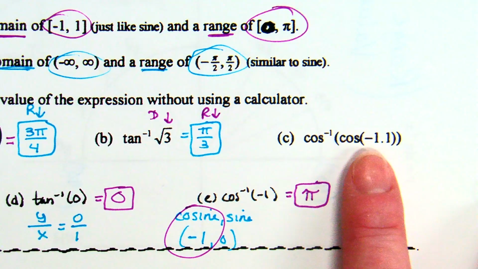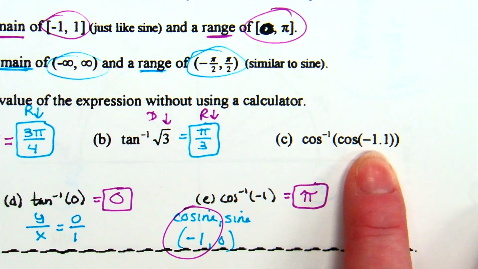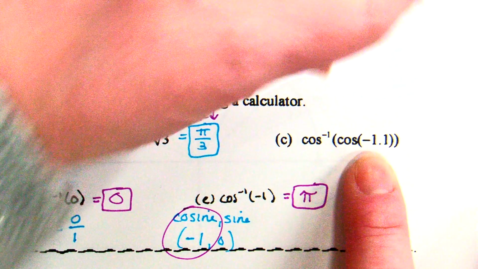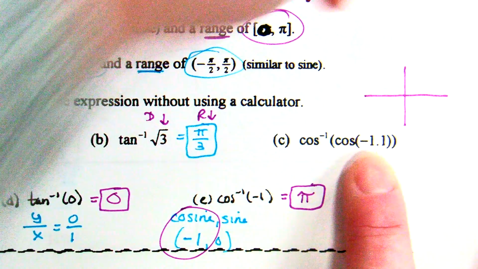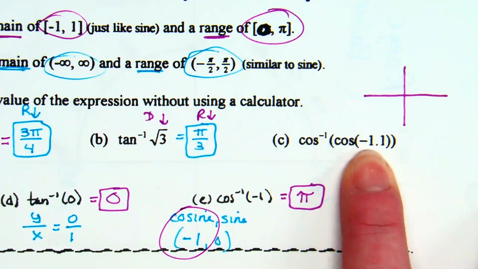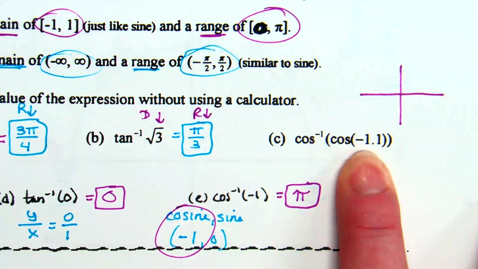Okay, so first of all, cosine of negative 1.1. You have to figure out where that is, because negative 1.1 is an angle, and negative 1.1 as an angle is obviously less than 0.